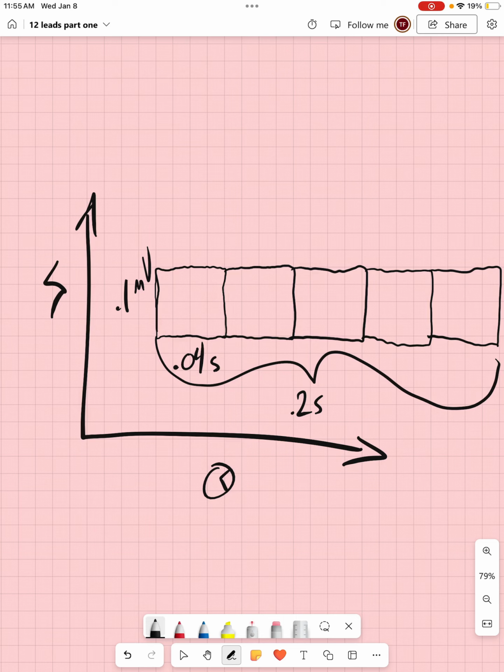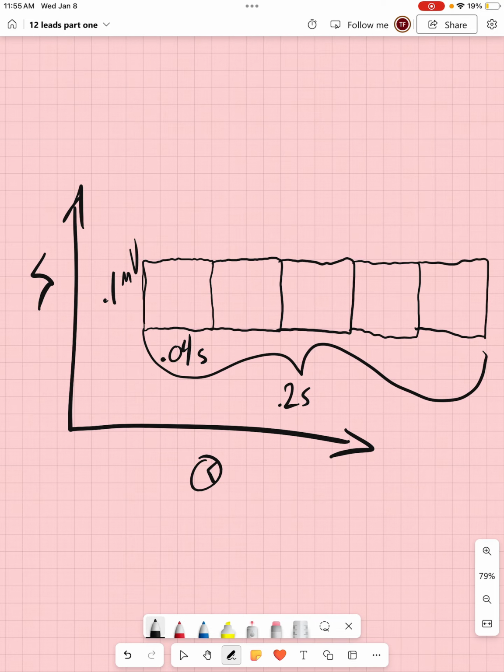Horizontally, our horizontal axis, we have seconds. Vertically, we are measuring millivolts, electricity, how much electricity is being read through our cardiac muscle tissue via our electrodes.